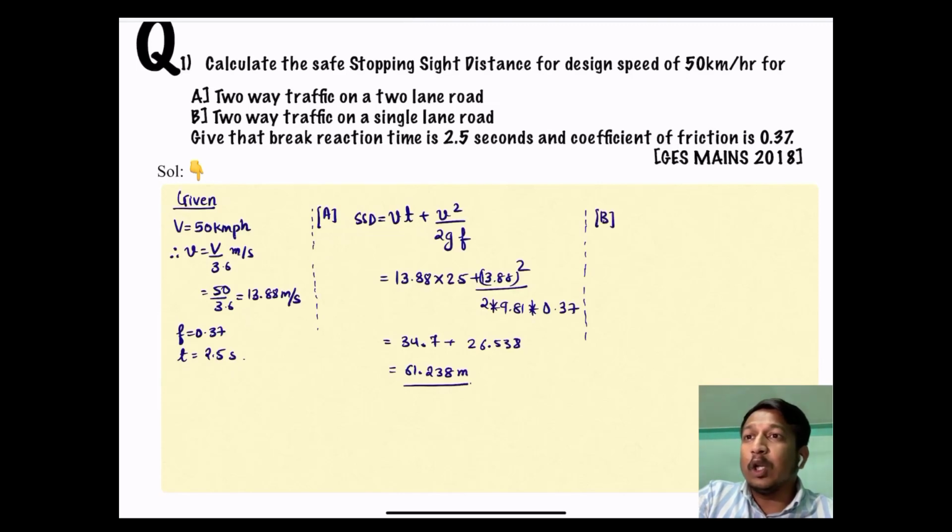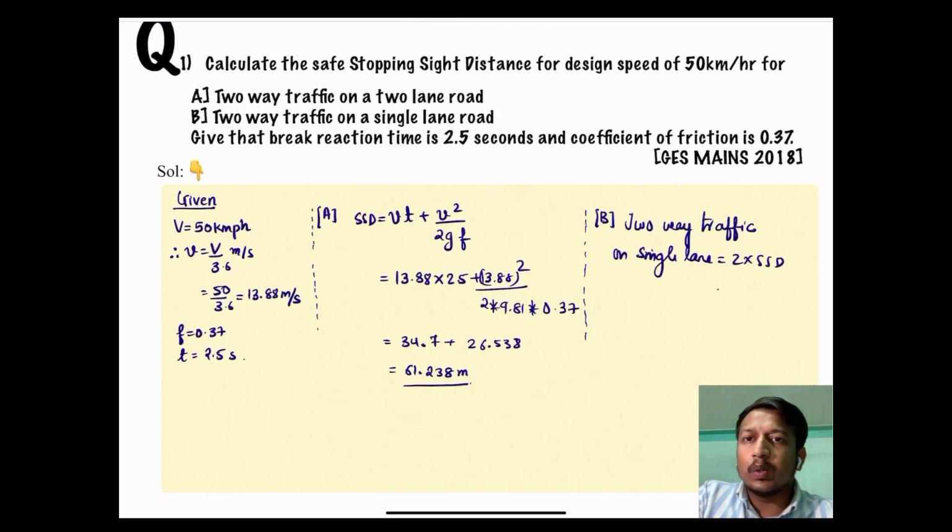Now B is two-way traffic on a single lane road. So we need to multiply by 2 times of SSD. We need to multiply this value by 2, therefore it is equal to 2 into SSD, which is 2 into 61.238, which is 95.938 meter.